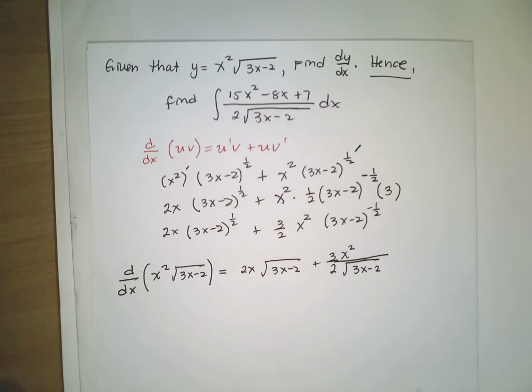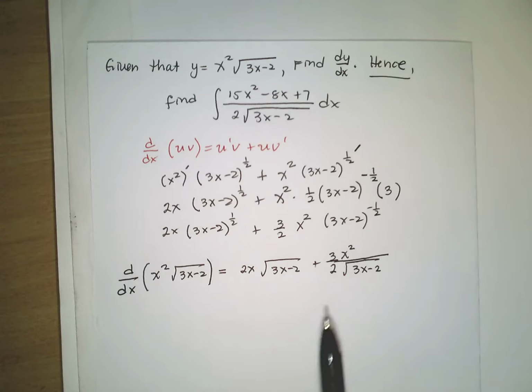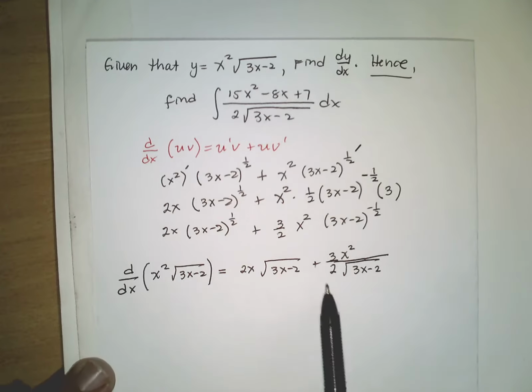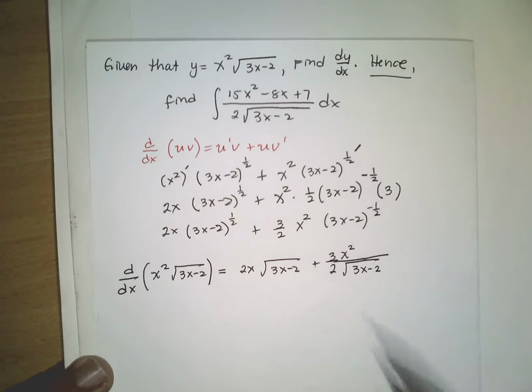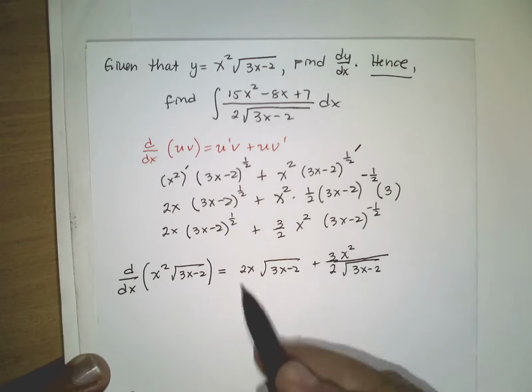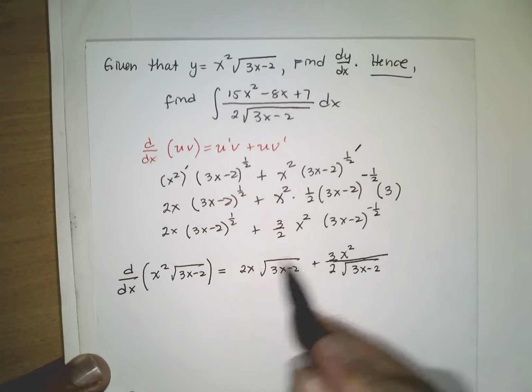Now, what do we know? We know that the opposite of differentiation is integration. How shall we get the integral of this? So basically, we need to simplify the right-hand side.